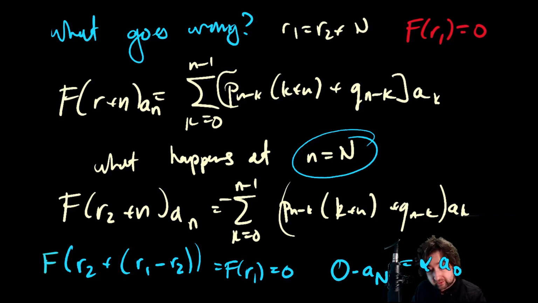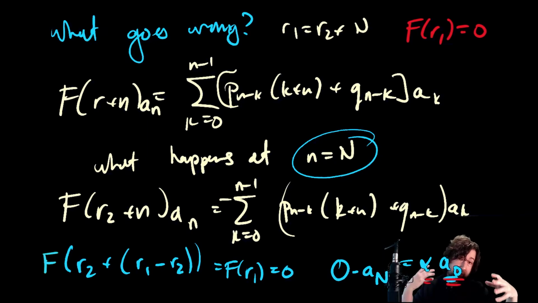And that means if the alpha is not equal to 0, then you have 0 equal to something that's not 0, which is an inconsistent equation. Or the alpha is 0, in which case you've got an equation that says 0 equals 0, and then aN could be anything. It's arbitrary. Of course, that would allow you to continue solving the problem because you could keep plugging more numbers into the recursion.